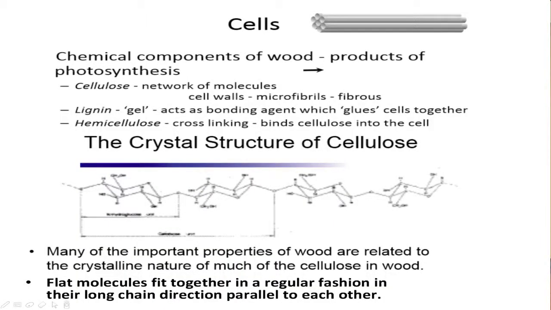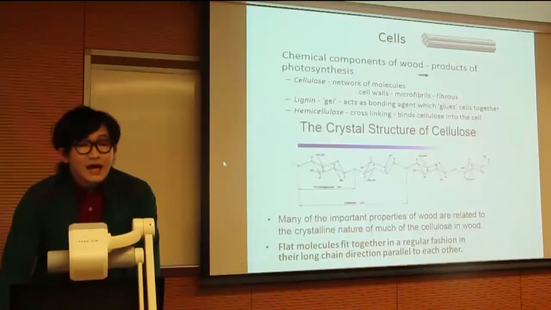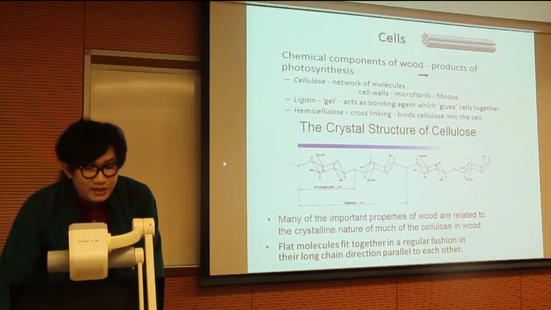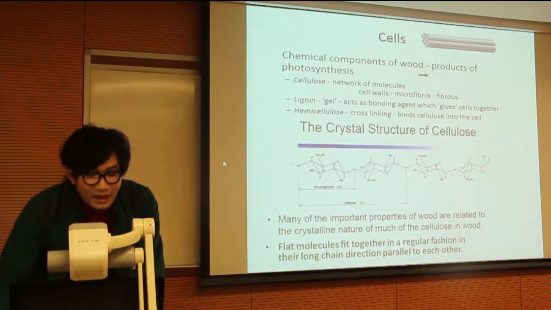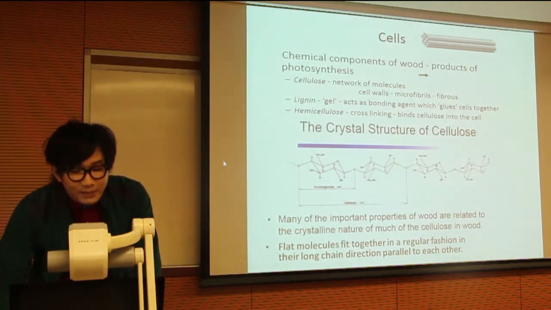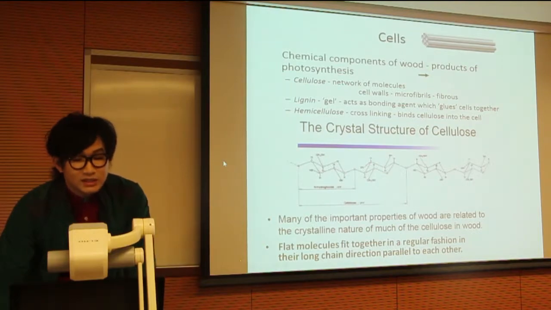So timbers are mainly composed of cells. Cells are composed of 3 main chemicals: cellulose, lignin, and hemicellulose. Cellulose is a long chain polymer with the chains principally aligned with the long axis of the cell. In some parts of the cell walls, the cellulose is spirally wound.